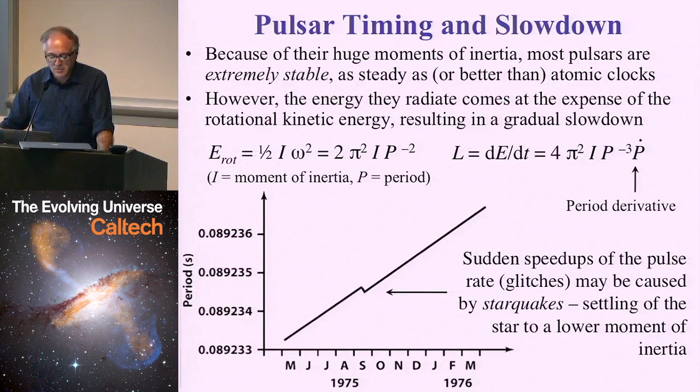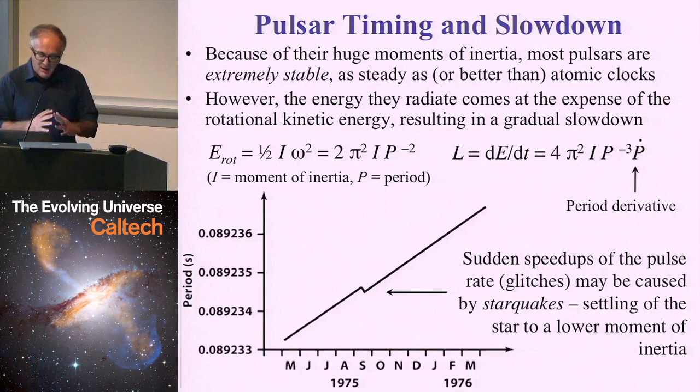Well, all right, so they radiate. That radiation has to come out of somewhere, and the main source of energy that's available is the rotational kinetic energy of the neutron star. So that's 1/2 moment of inertia times the angular frequency squared, right? And that will be inversely proportional to the square of the period. Now, luminosity is the change of energy per unit time.